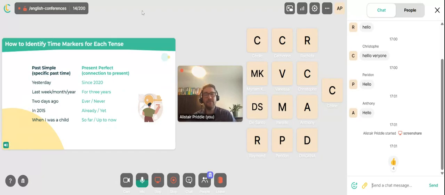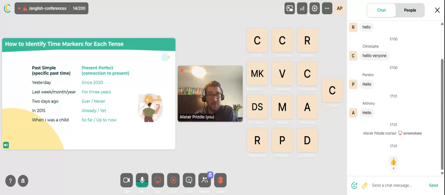So how to identify time markers for each tense. Okay, so these are great words, these time markers or time phrases. They help us connect the context of what we want to say with the right verb tense. So on the left in black, we've got some past simple specific past time markers. Yesterday, last week, last month, last year.